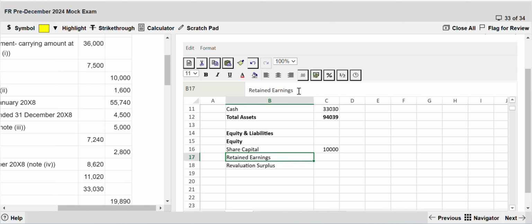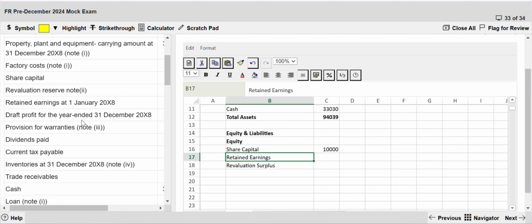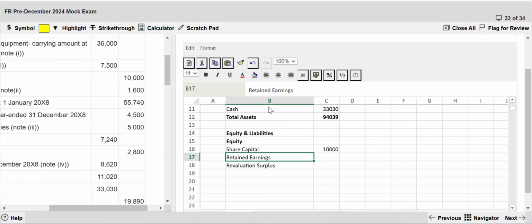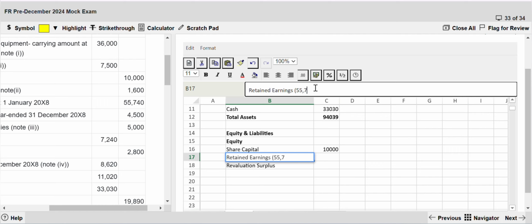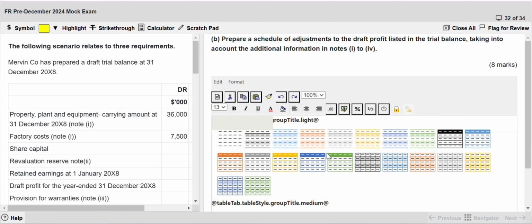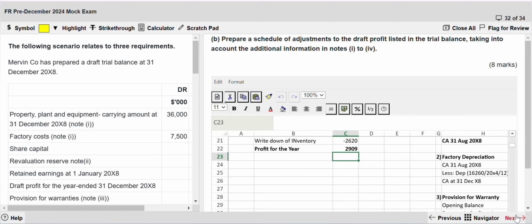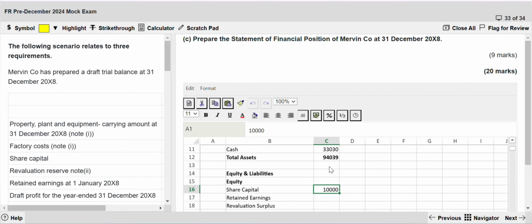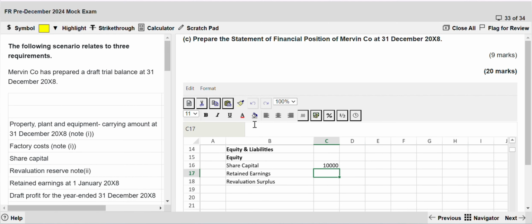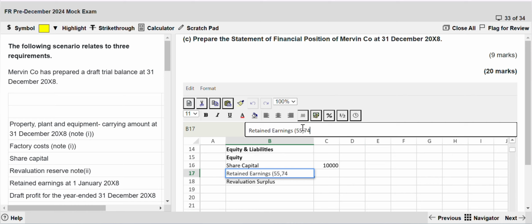What was the retained earnings? Retained earnings which is given is at the beginning. So the total is 55,740 plus profit. What was the profit? Profit was 2909. So retained earnings: 55,740 plus 2909.